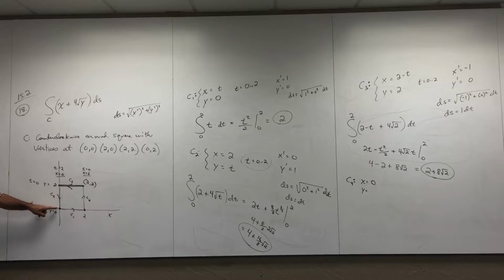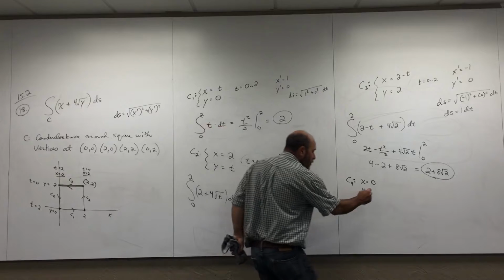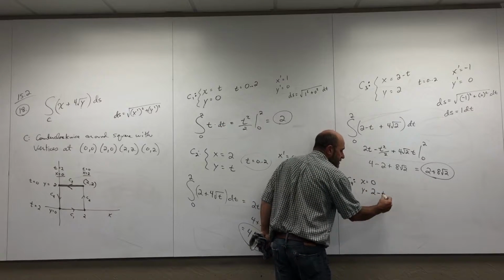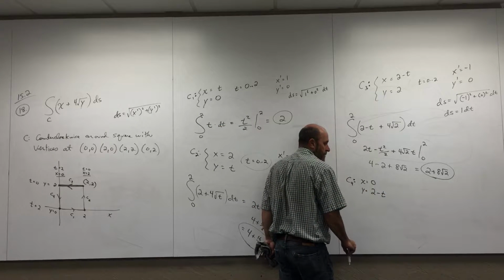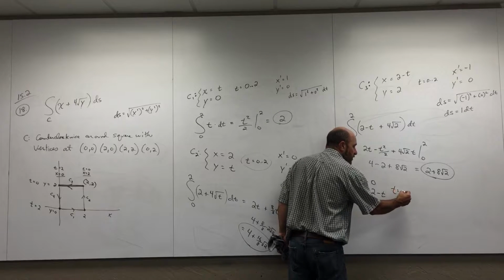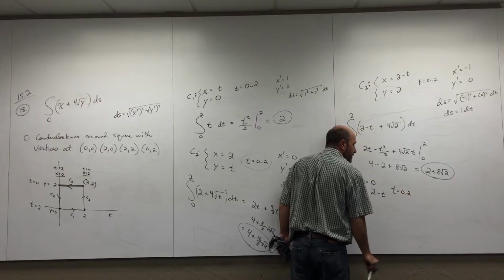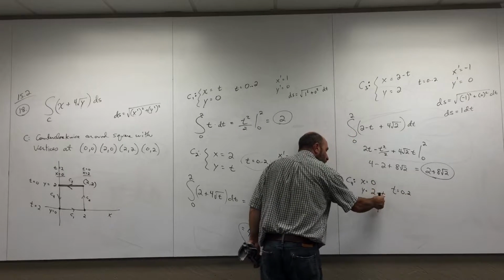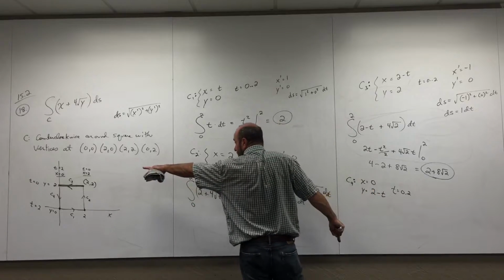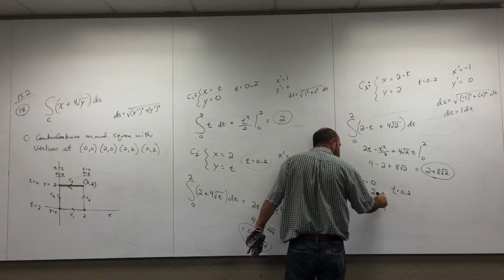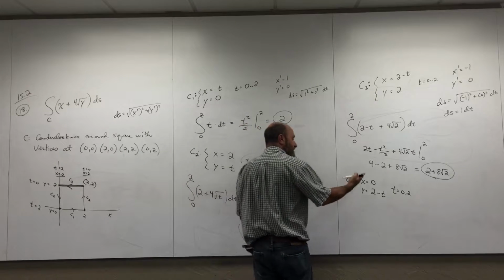I think I'm going to employ the same idea I had with C3. I'm going to call y 2 minus t, and then let t go from 0 to 2. Because when t is 0, y is 2. That's exactly what I want. And when t is 2, y is 0. Yeah, that's exactly what I want.